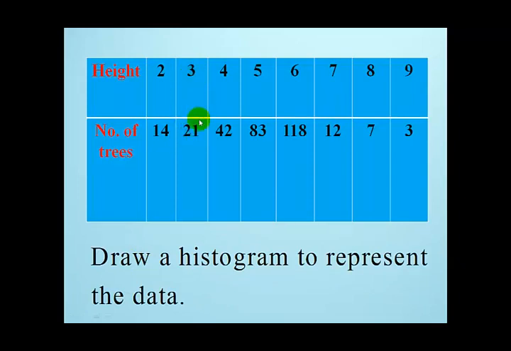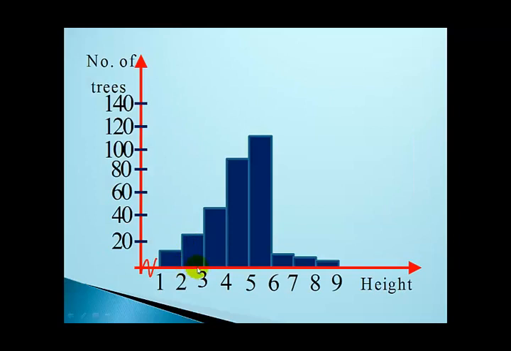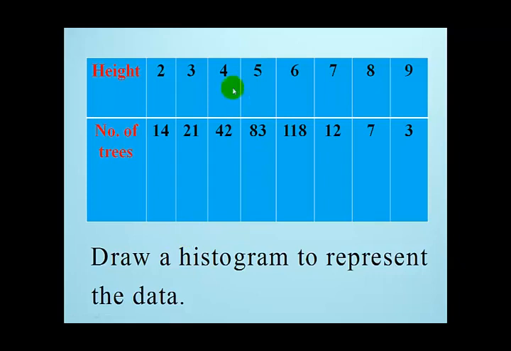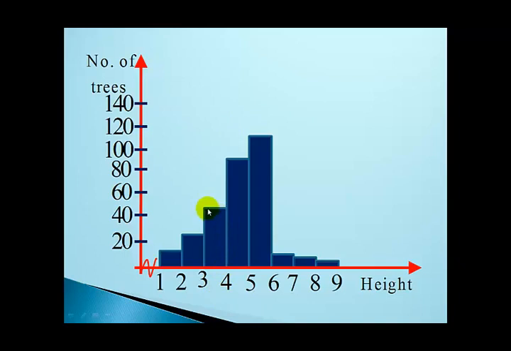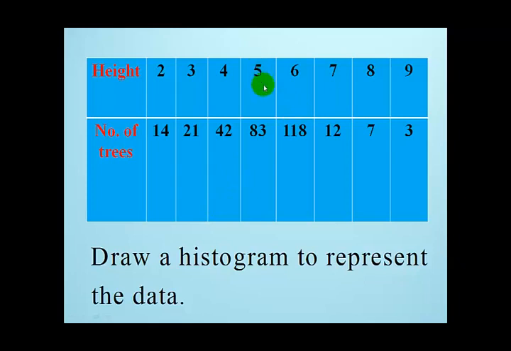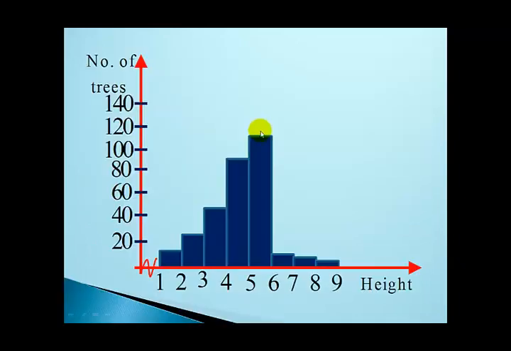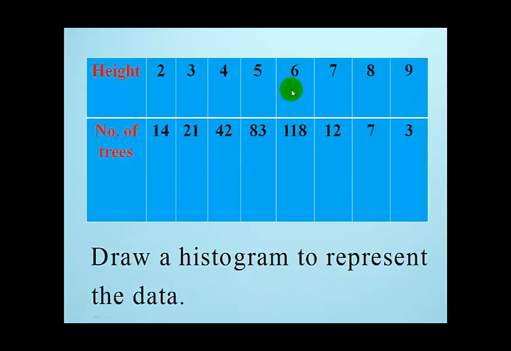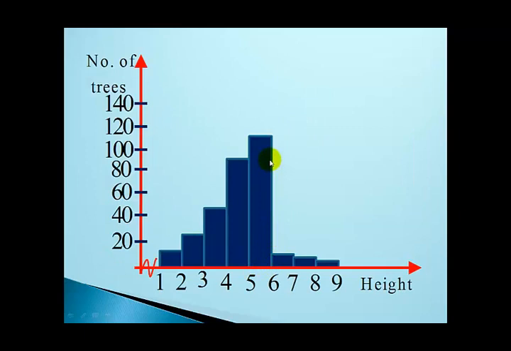So we have 3 also corresponding to 21. 4 corresponds to 42, so we have 4 corresponding to 42 on the frequency axis. 5 corresponds to 83, so we have 5 corresponding to 83. 6 corresponds to 118, so 6 also corresponds to 118 on the frequency axis.